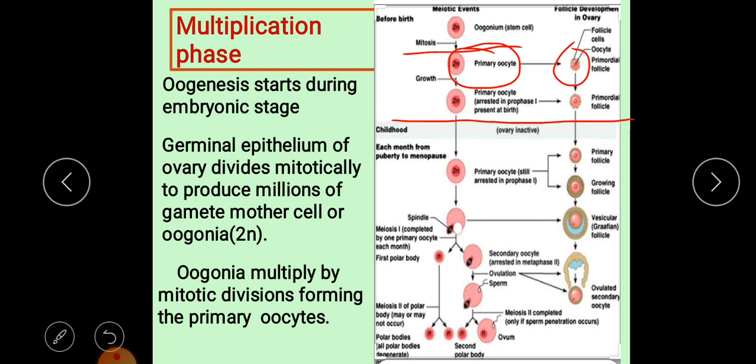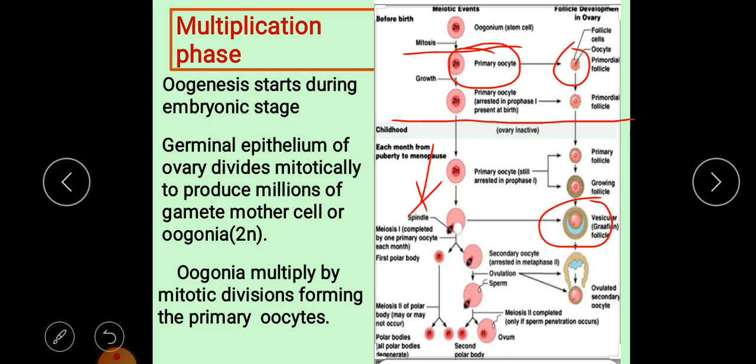Over a period of time, the layers of follicle cells increase more and more, and it starts to develop a tertiary follicle. That is, the primary follicle slowly reaches the maturation period.